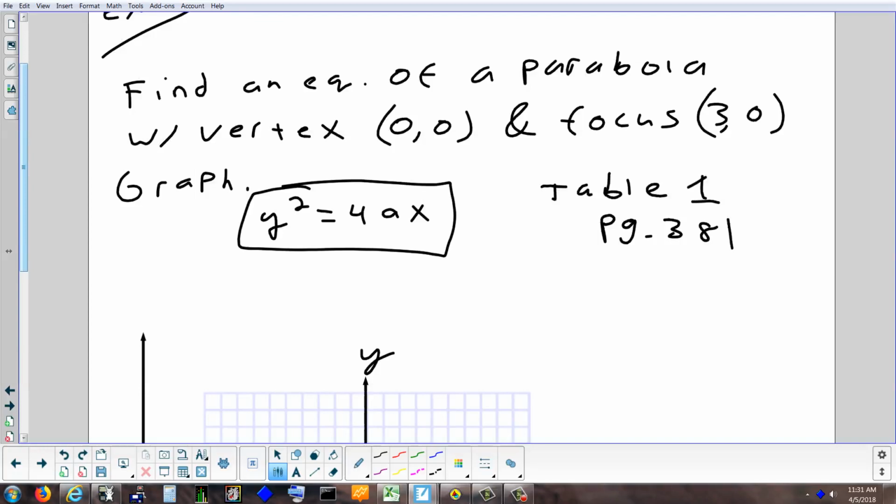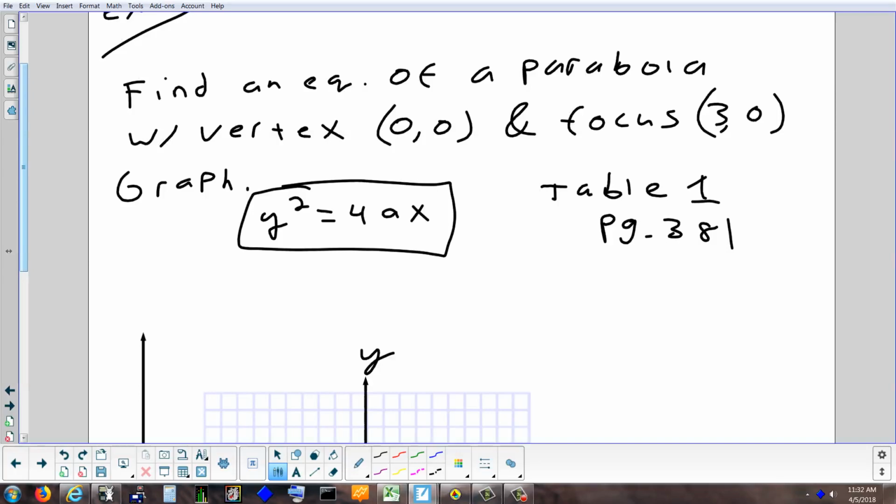And in the description, they tell you the very last thing. Opens right, opens left, opens up, opens down. Okay. So I said, all right, it opens right. I look in the column right next to it. It said the equation is y squared equals 4ax. Okay. So now we've got the right equation.